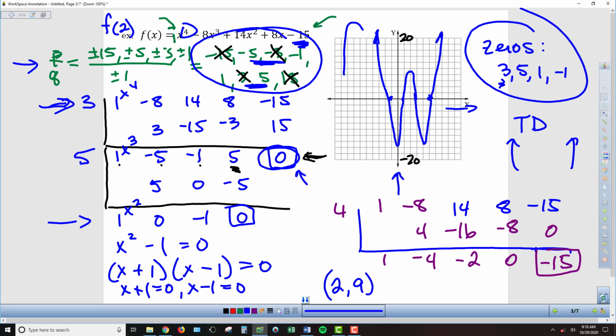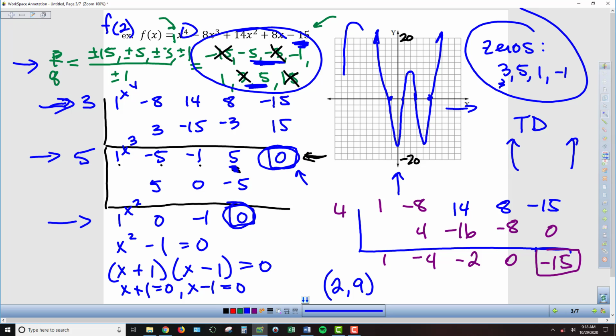Then I needed to continue finding zeros using synthetic division, but because I was able to use this answer that I got when 3 worked, I was able to narrow down my options as to what were possible zeros, because now the last number in my polynomial was 5 rather than 15. And so I tested 5, and I got lucky again.